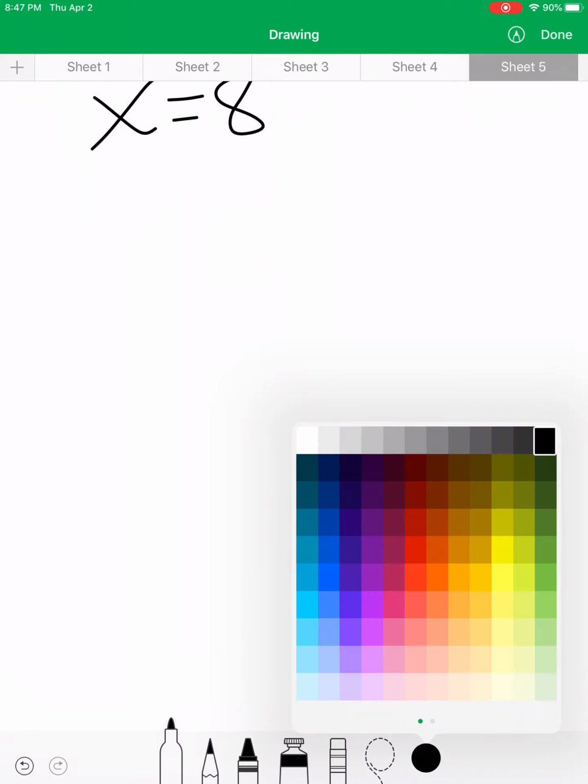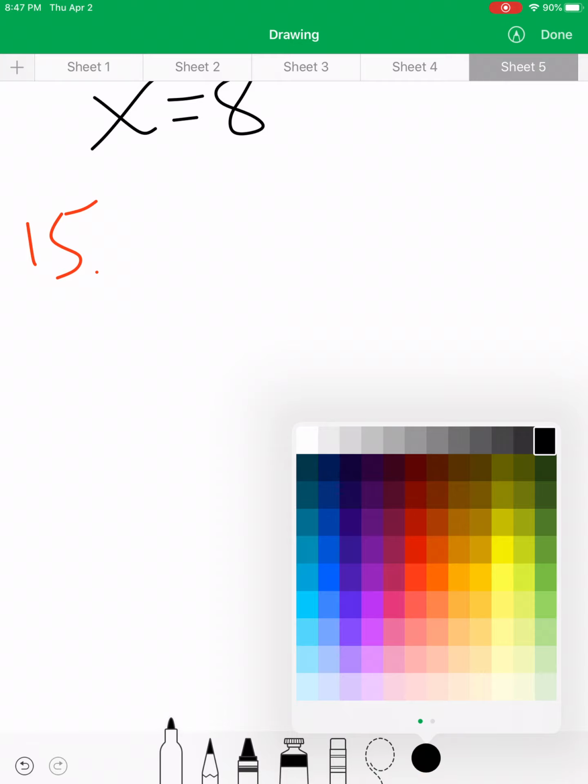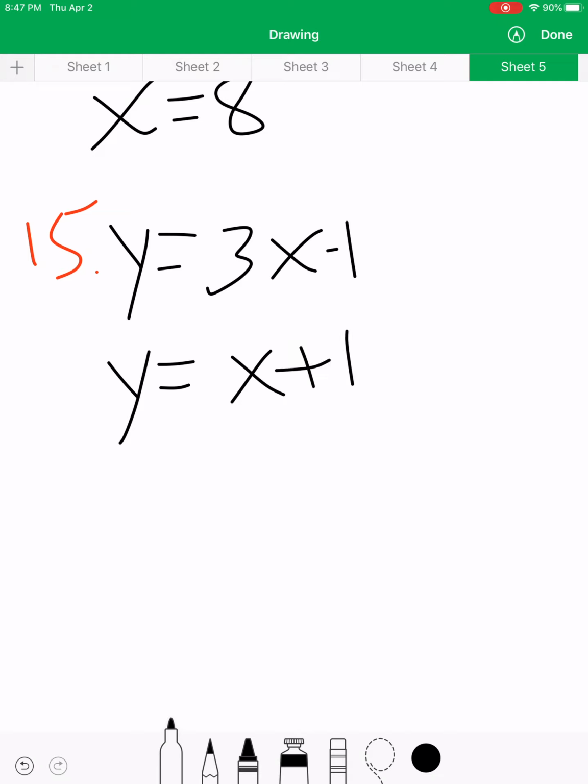All right, number 15 now. It's y equals 3x minus 1 and y equals x plus 1. So this is more aligned with the first type of problems we're doing.